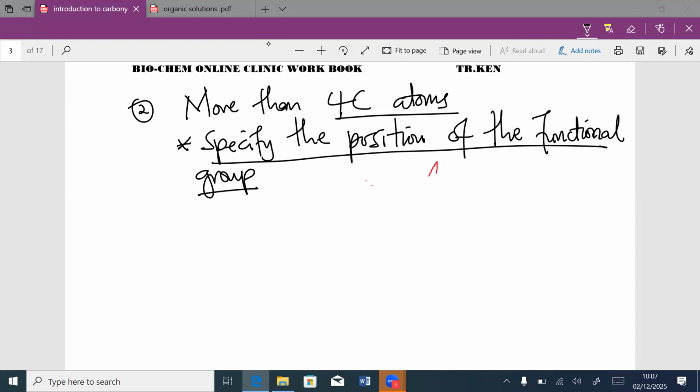Why? Because within that compound, the functional group can be in very many positions at the same time. So when you're naming a compound with more than 4 carbon atoms, you're supposed to be able to specify the position of the functional group.